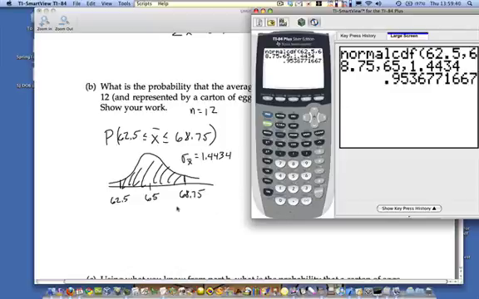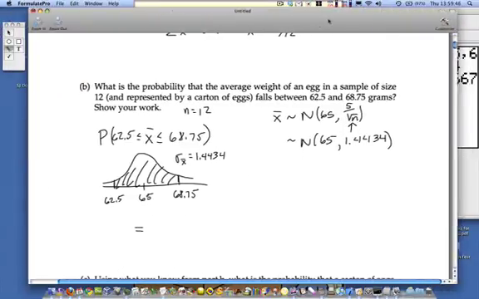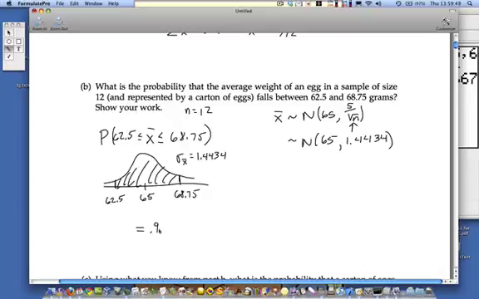And you get an answer of this probability is equal to 95.37, so 0.9537. Okay? If you got an answer of about 40-some%, you used the wrong standard deviation. You always need to ask yourself, the standard deviation of what? The population or of the sample? In this case, it's of the sample.